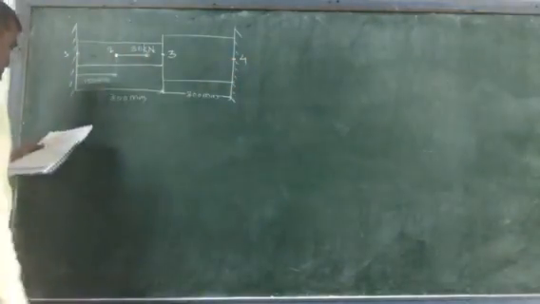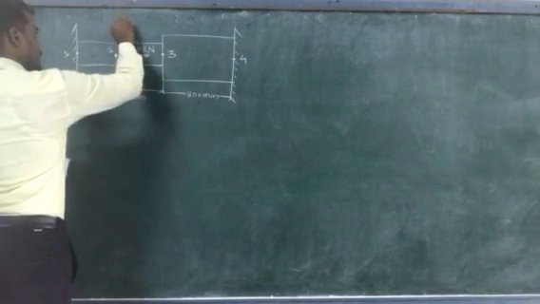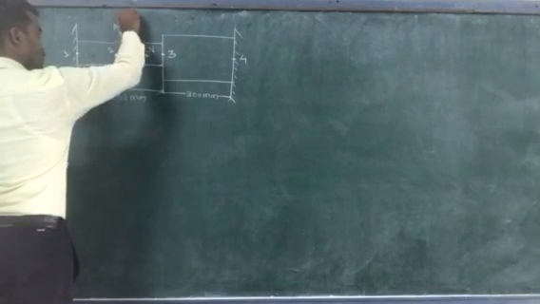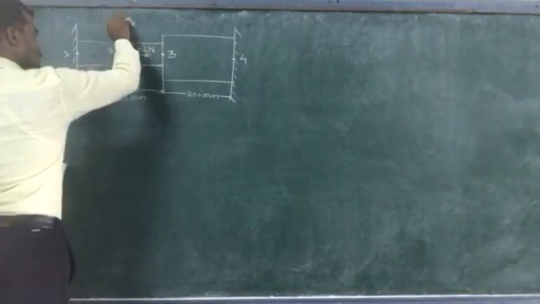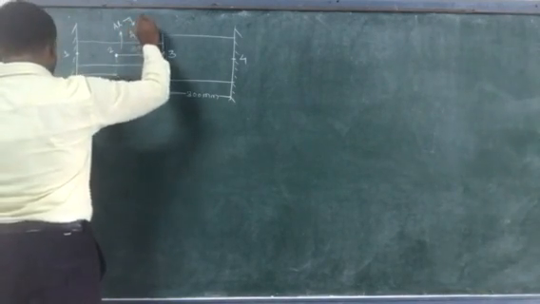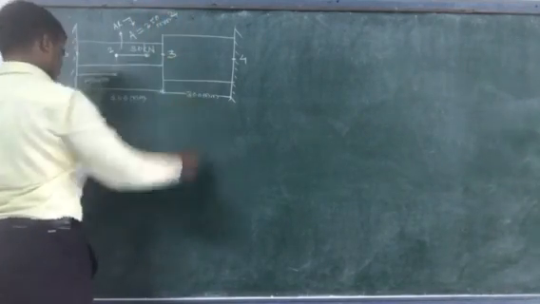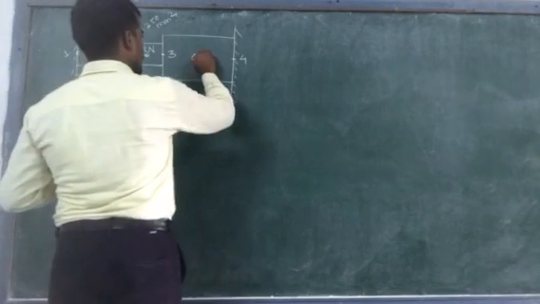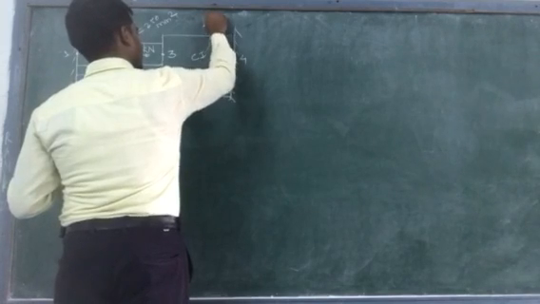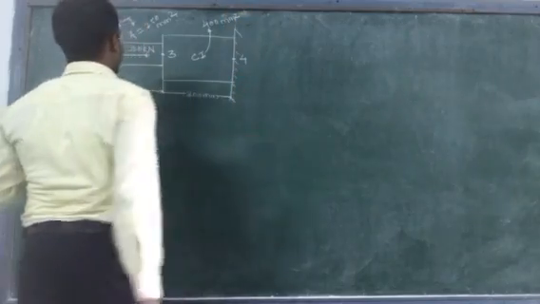Then this is the aluminum component. This material is made of aluminum, which has an area equal to 250 mm square, and this is made up of cast iron, which has an area equal to 400 mm square.